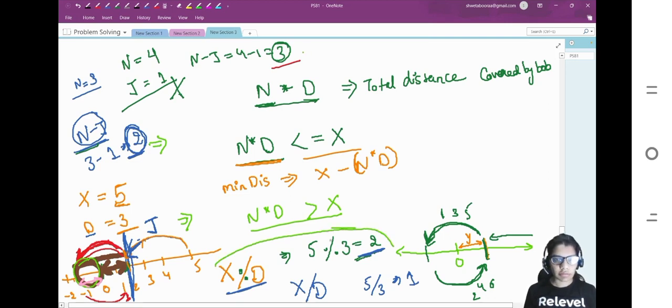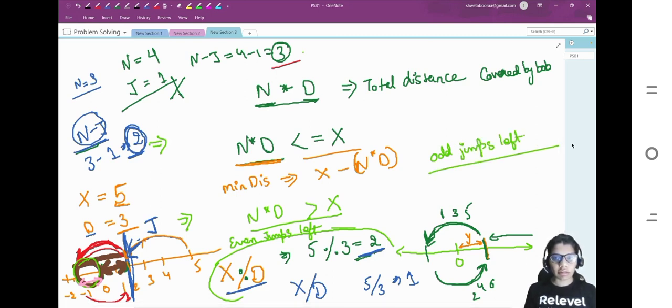This was the distance in case of an even number of jumps left. In case of an odd number of jumps left, our total distance would be the distance of jump, that is d, minus the distance that was remaining on the left side. So it would be d minus x modulo d.